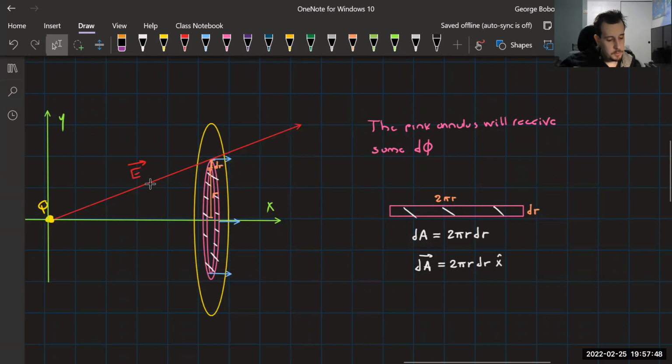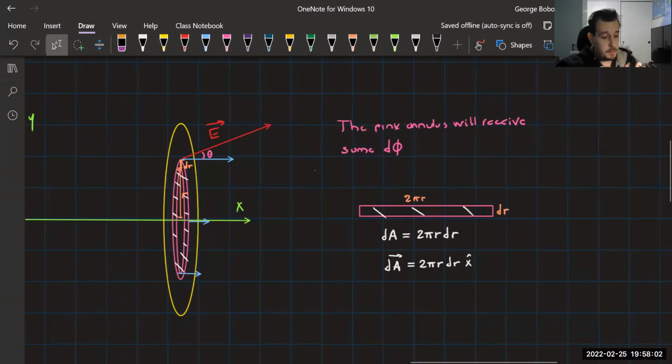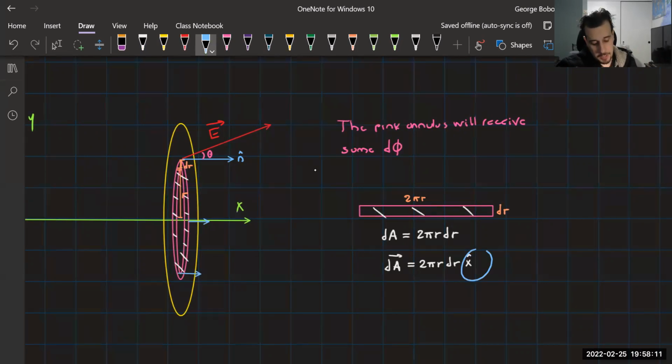I'm going to draw the electric field just here right now. Okay, just like that. You see again, the normal and the electric field, like I said before, they make an angle with each other. Okay, good enough. That guy over here, again, is the normal of the surface, which we established to be x hat.